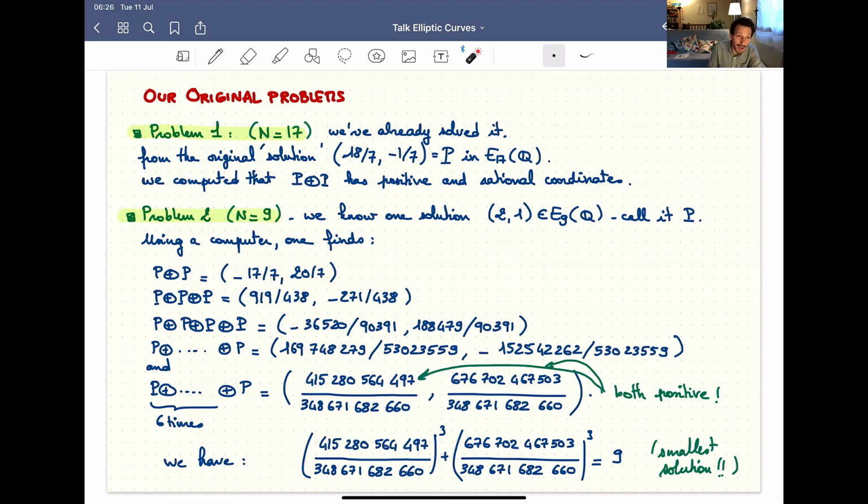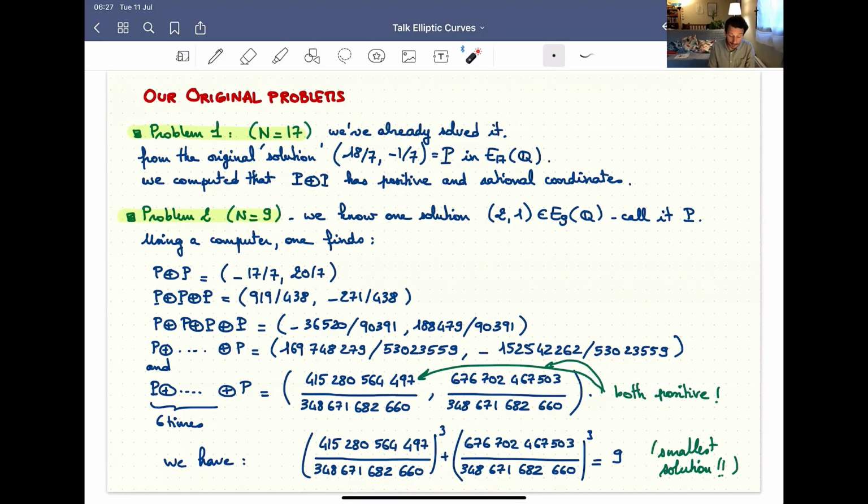And then you try 5 times P, and then you have this, and then you're slightly tired, but then you try 6 times P, so P plus P plus P plus P plus P plus P. And then you find that this solution has coordinates given by those fractions here, and they are both positive.